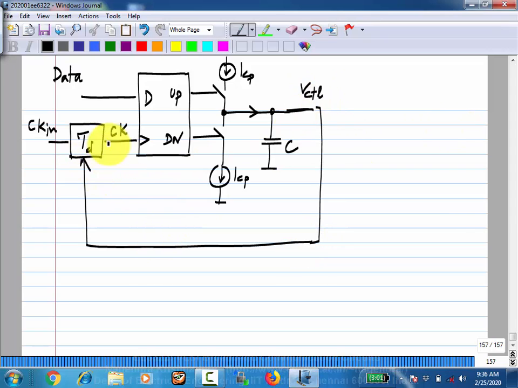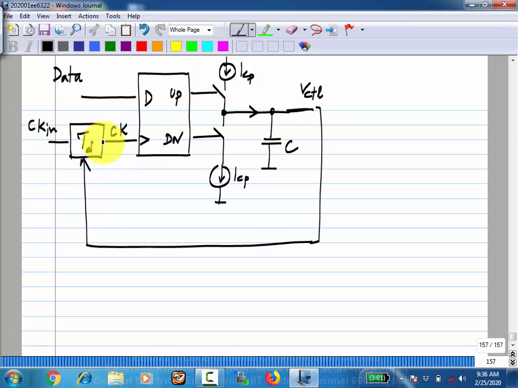and I'll assume that, as usual, this delay decreases with V control. That is just my convention to reflect reality. Normally, if you make a delay line and increase the supply voltage, which is the control voltage, the delay actually reduces.